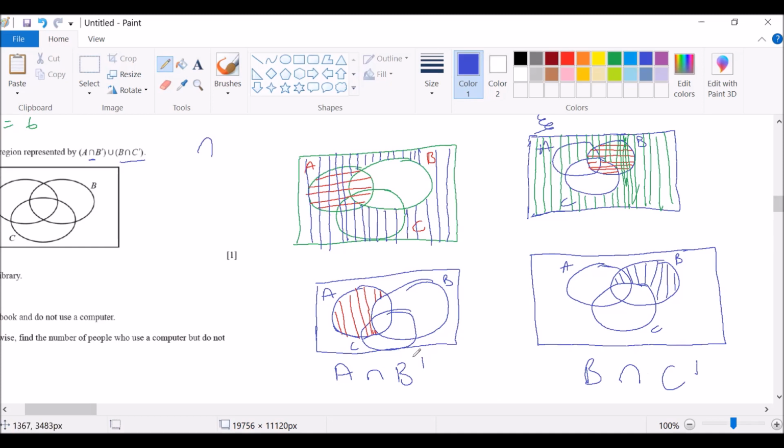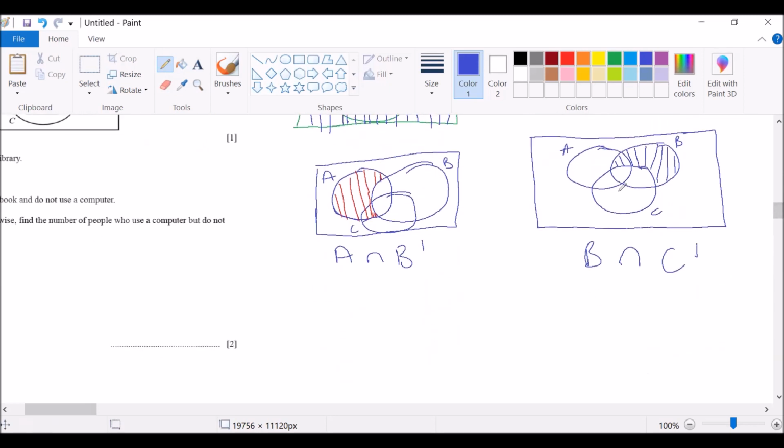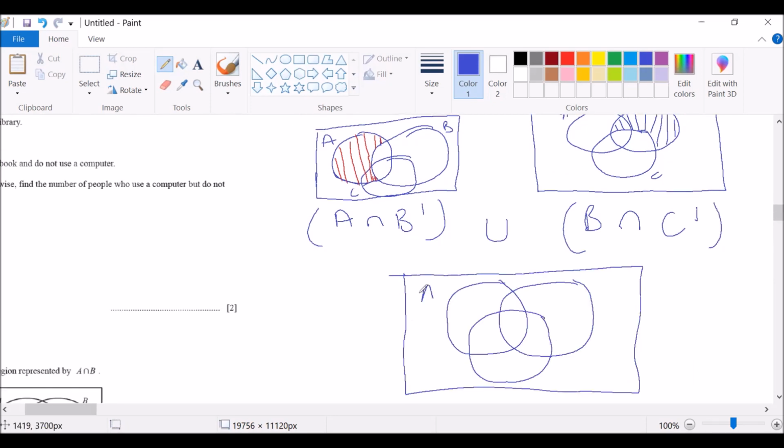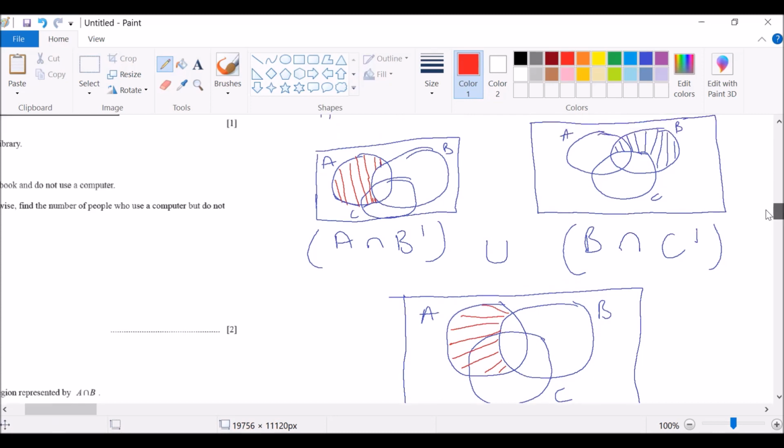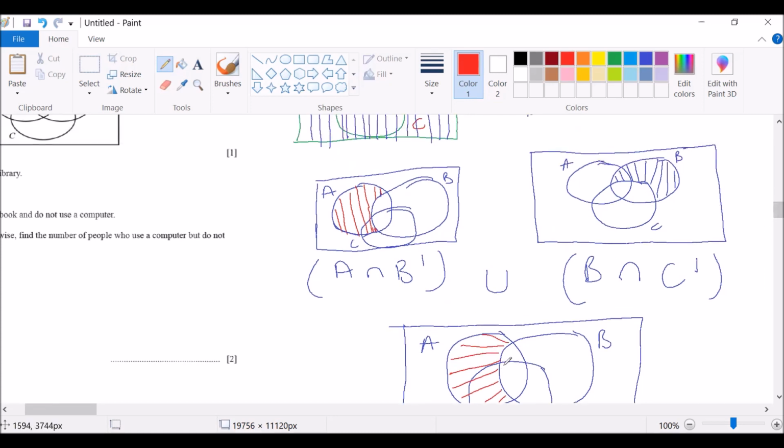Now to join it up, this and that, what would we have when we combine these two? Because we are saying that and that, the union. How do we unite those two? So A, B, C. To unite them, let's start with this. Then we combine with that.